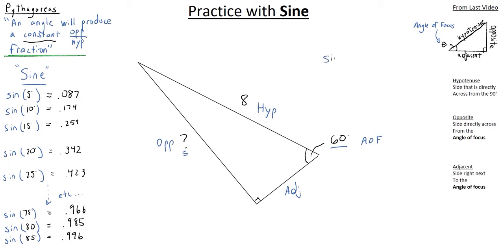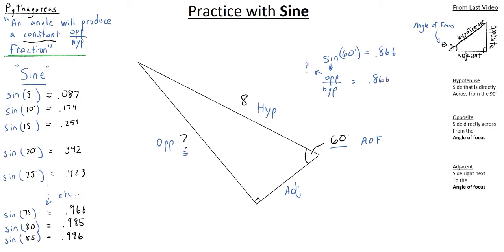So we can figure out that special opposite over hypotenuse fraction of our 60-degree angle of focus by typing sine of 60 into our calculator, which is 0.866. And of course we know that sine just means the opposite side divided by the hypotenuse side, which we now know to be 0.866.